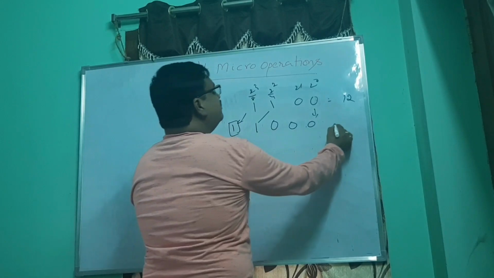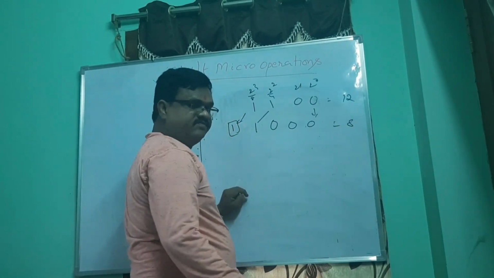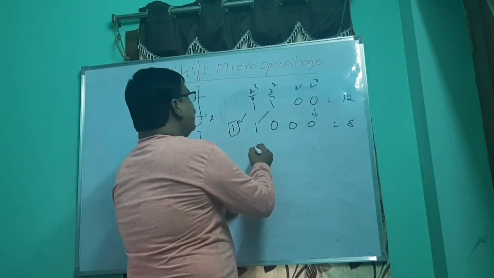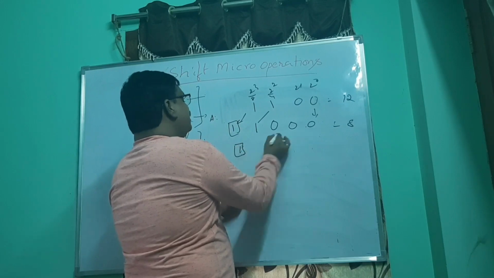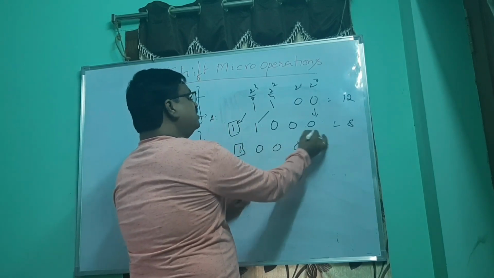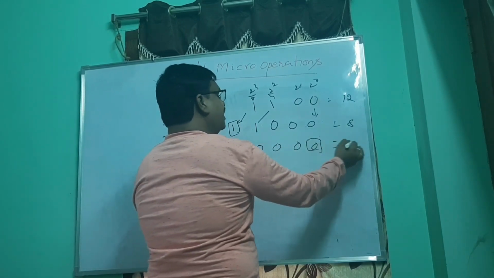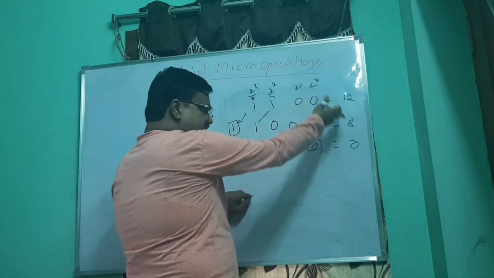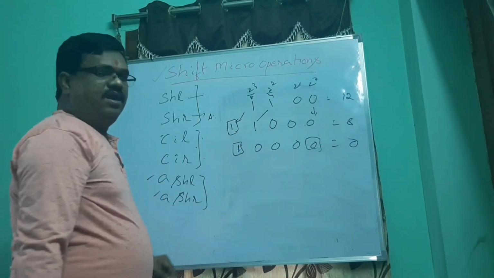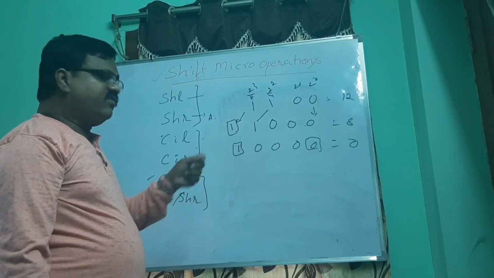So what is its value? 8. Now again, if you shift, this one will come here, 0, 0, 0, and a new 0 is added. Like this, the number keeps on reducing.